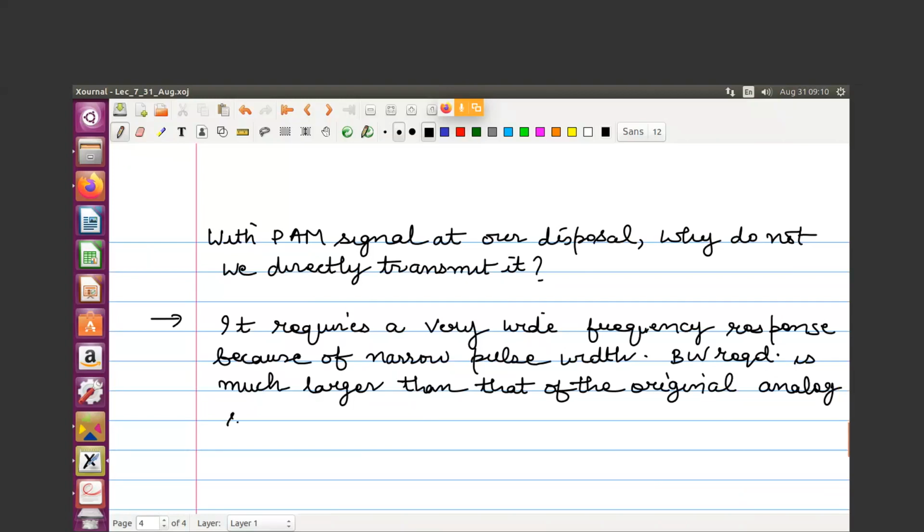Okay, so you have already seen this. मिनस B से B तक analog signal था आपका. Suppose the spectrum of the analog signal was majorly lying from minus B to B, but the sampled signal has a very wide response. It is a very wide coverage. So the bandwidth required now to send the sampled signal has increased as compared to the original analog signal.